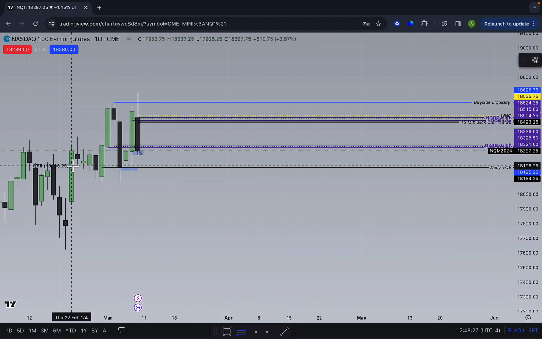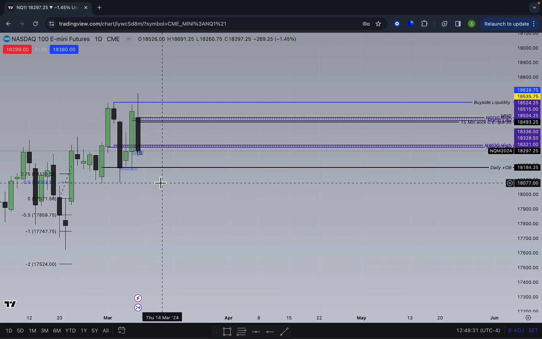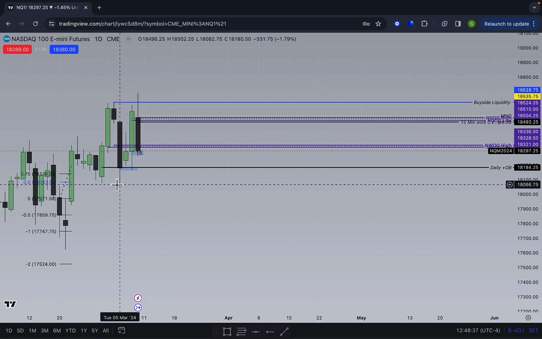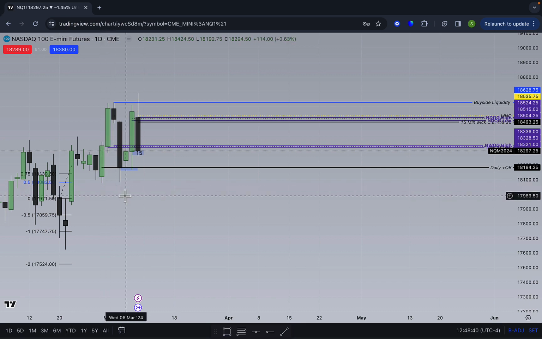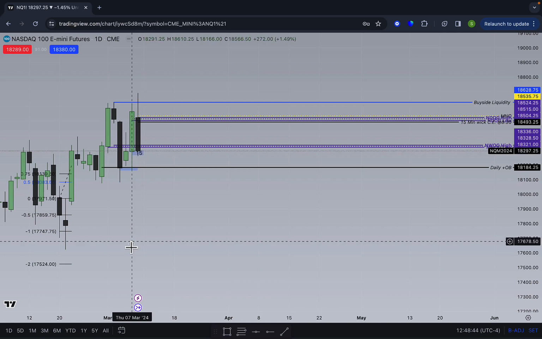As of now, we were consolidating, essentially bouncing around the consequent encroachment of this daily BISI. It's a lot of sell stops right there. Wouldn't be surprised to see the market want to just push through there.